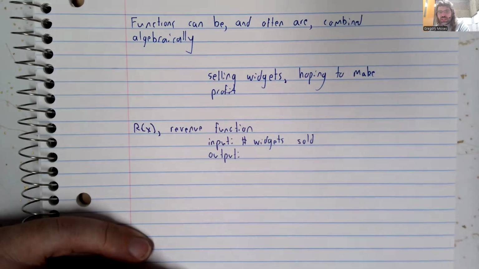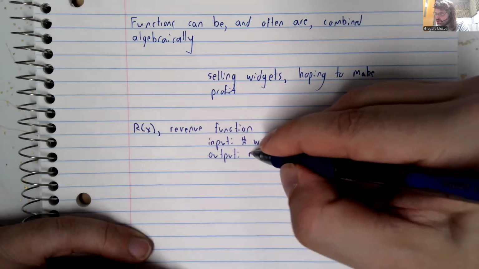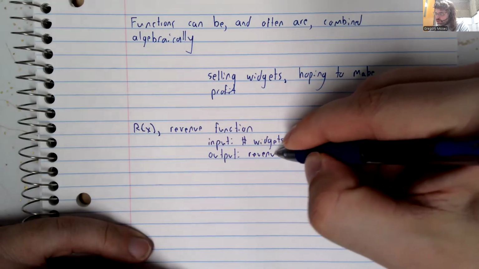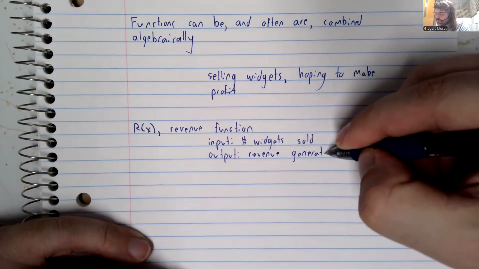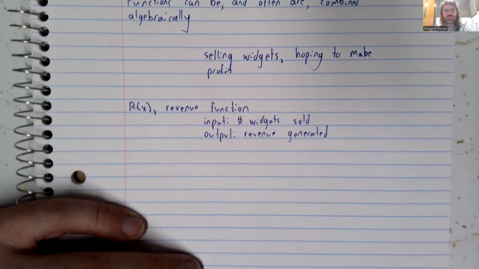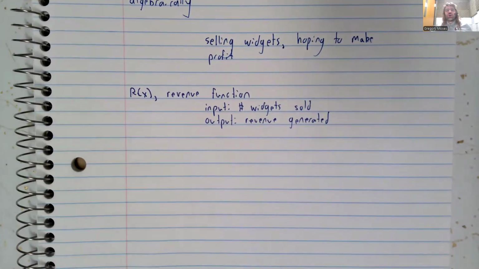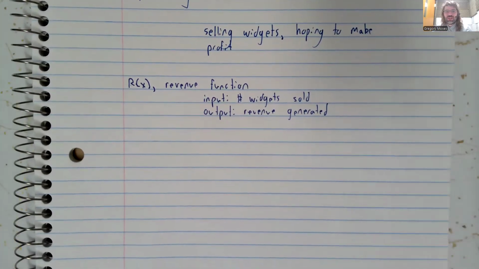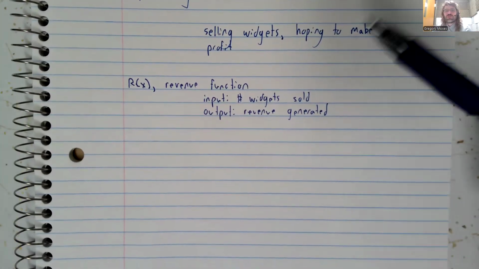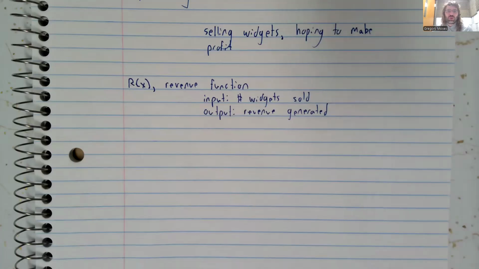It has as its output the revenue generated. But it's not all roses. There are costs associated with this. I mean, the widgets you're selling have to be acquired somehow.